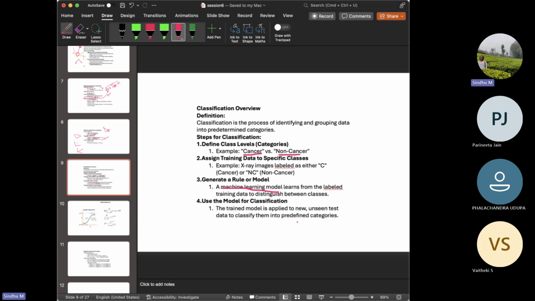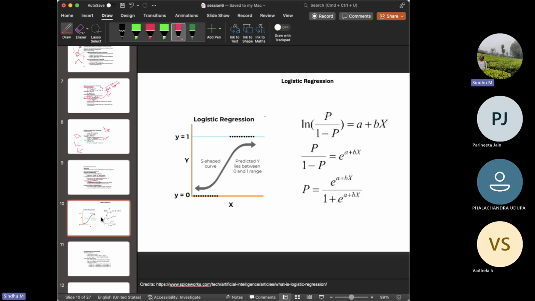Now we can try to understand how this machine learning model works, or what the basic principle used in a machine learning model is. One important component of the machine learning model is called logistic regression.